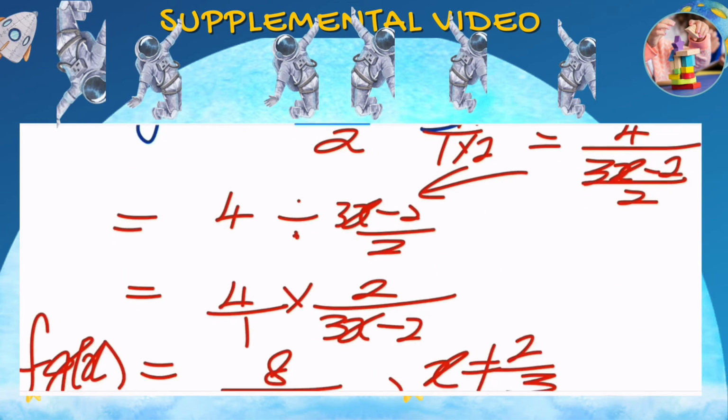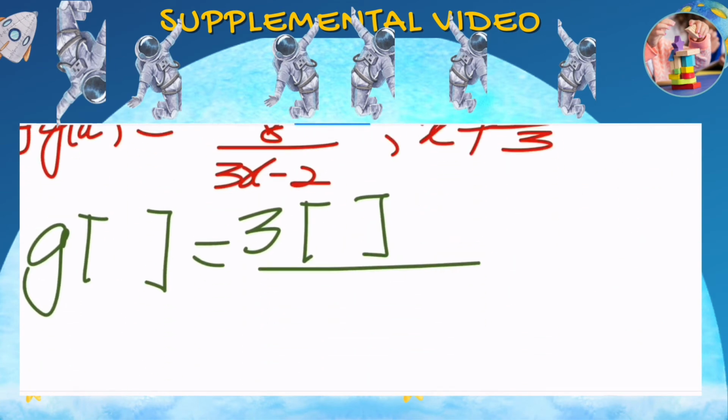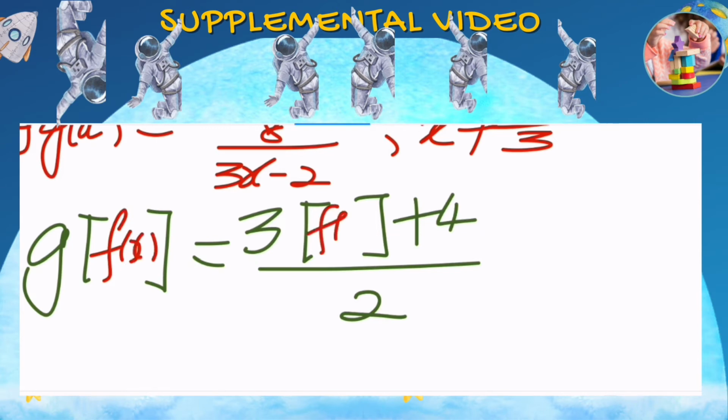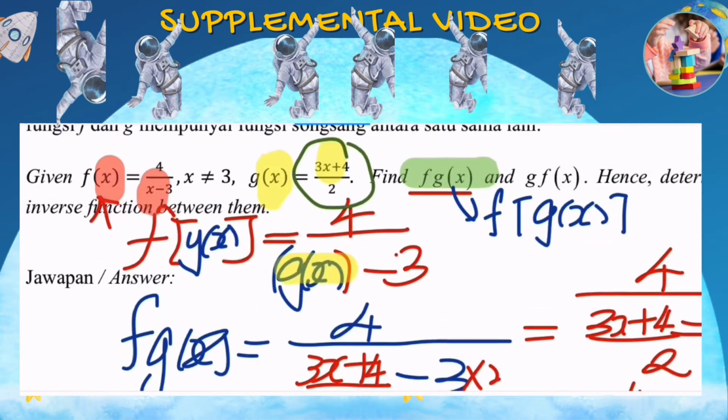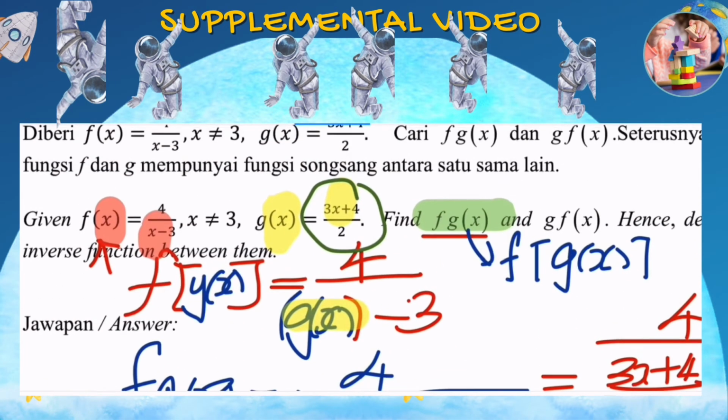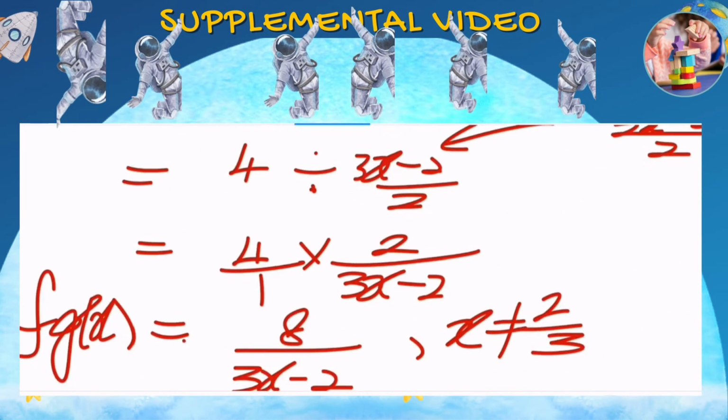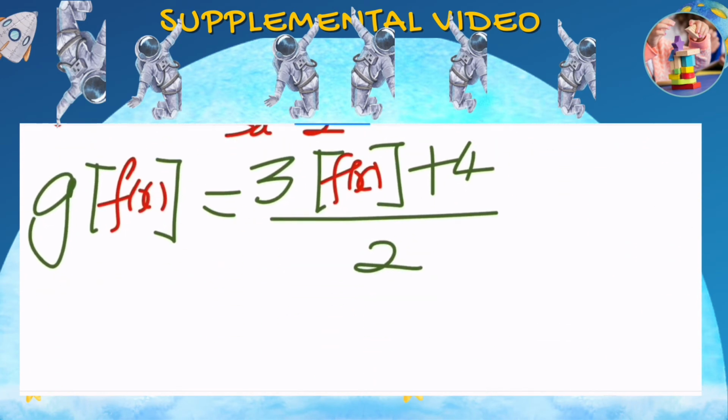So we will copy the exact function except the x. We know we are going to replace it by the object, and now the object is the function f(x), right? So the left hand side we will write g(f(x)), the right hand side we will substitute the function f(x) into there, so it's 4 over x minus 3. We're going to substitute this whole function into there.